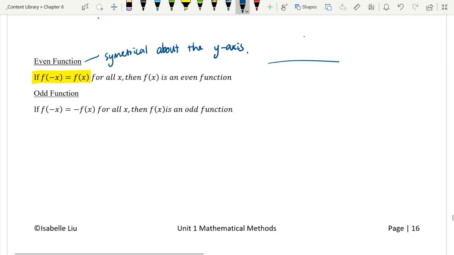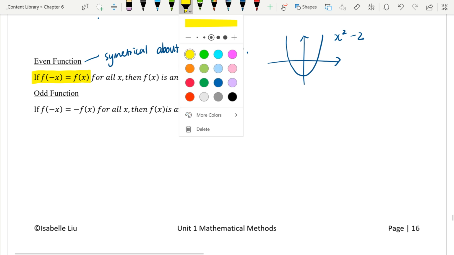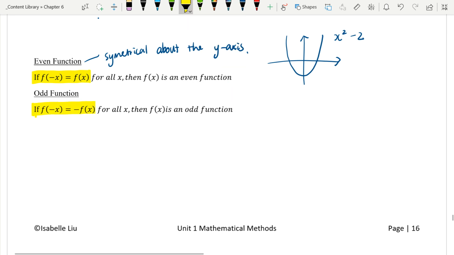So, for example, x squared minus 2 will be an even function. So if the graph is symmetrical about the y-axis, that will be an even function. Okay? And what is an odd function? For an odd function, the definition is f(-x) equals minus f(x).